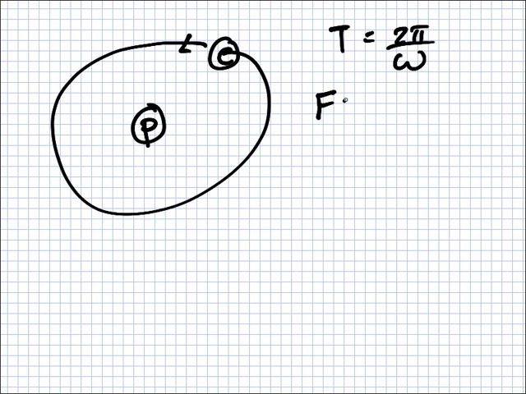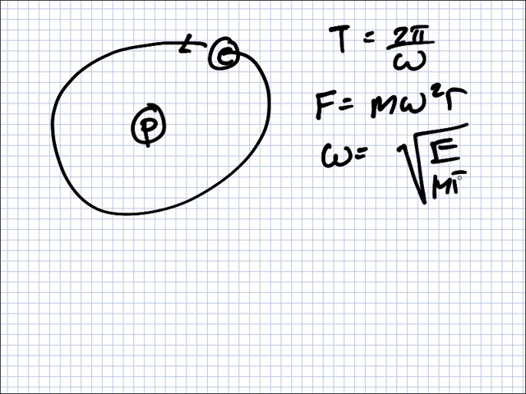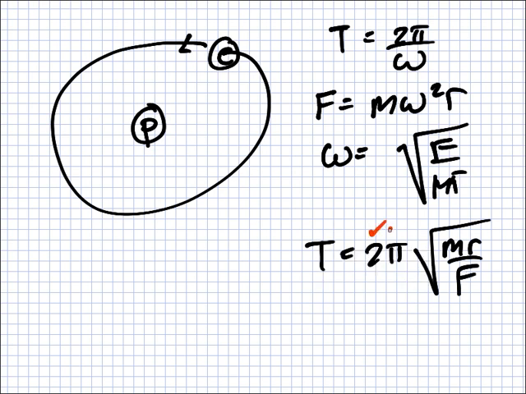But you know that F equals m omega squared R. So that means omega is root F over mr. Yeah? So that's good. That means T is 2 pi root mr over F.